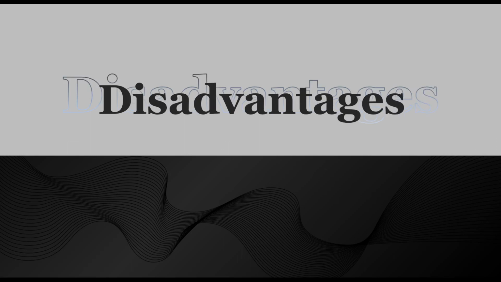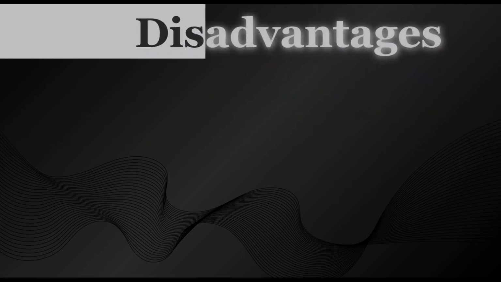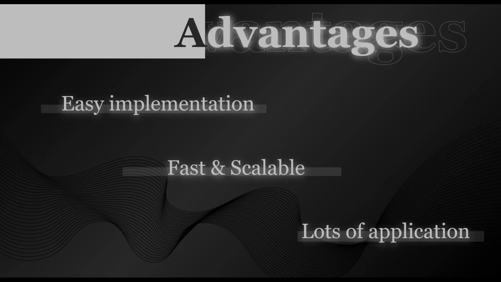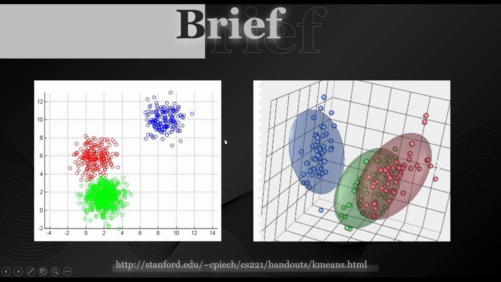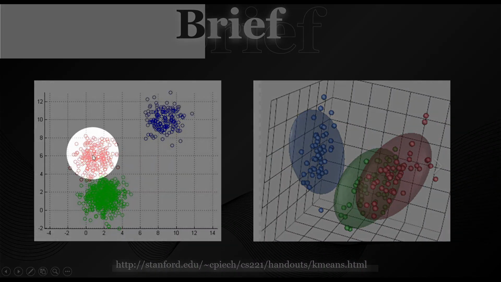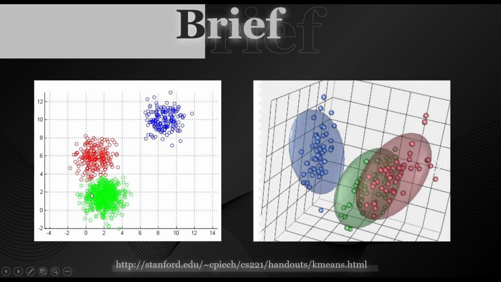Some disadvantages of K-means are, it necessitates us to carefully select the value of K. In the image we have seen here, we mentioned that K is set to 3. Okay, so it greatly fits the data.